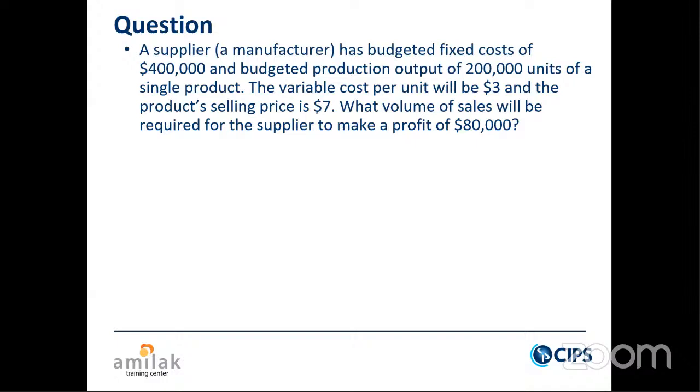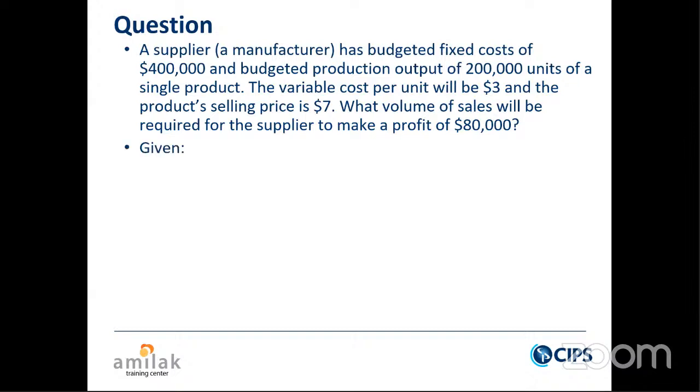No matter how much you produce, your fixed cost will stay the same. The variable cost per unit will be $3, and the product selling price is $7. What value of sales will be required for the supplier to make a profit of $80,000?